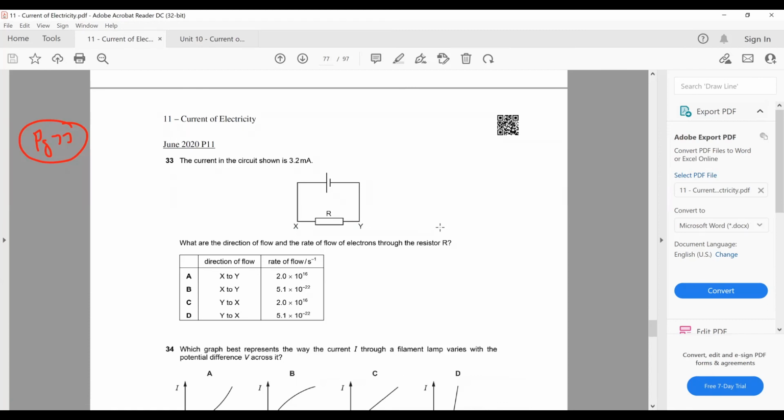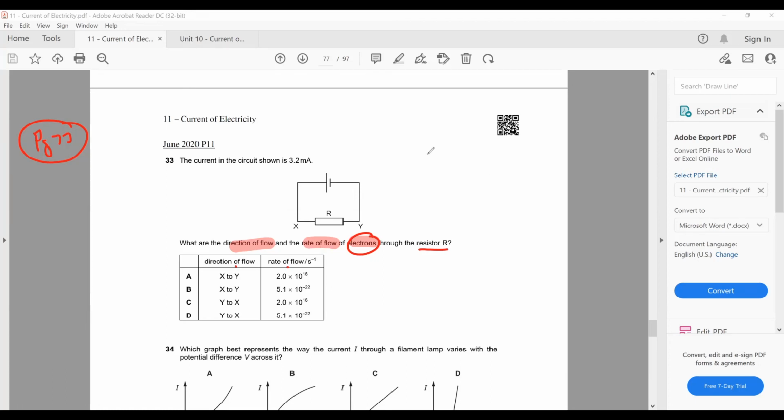What are the directions of flow and rate of flow of electrons through resistor R? So they want the rate of flow, and they want the direction of flow. Rate of flow here refers to the number of charged particles per unit time, because you see it's per second.